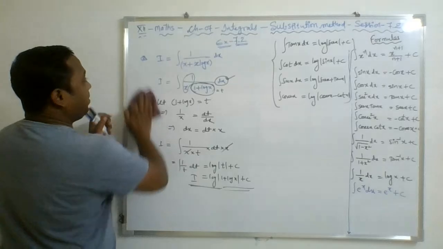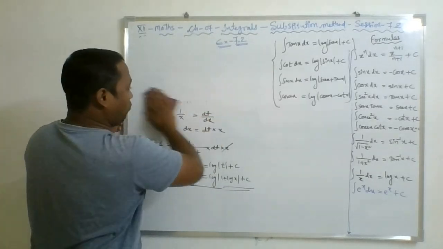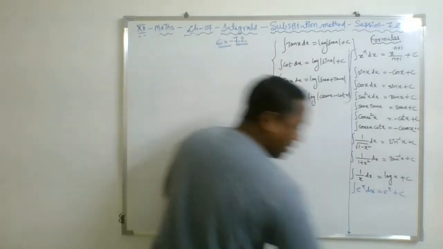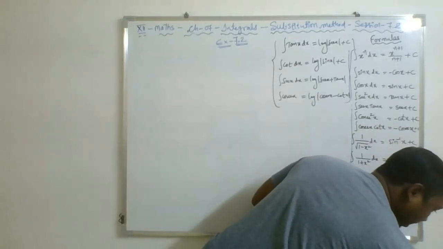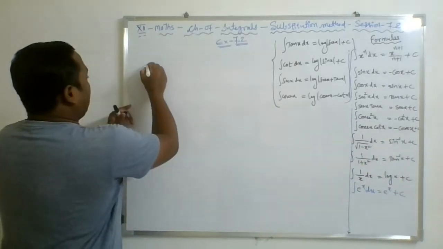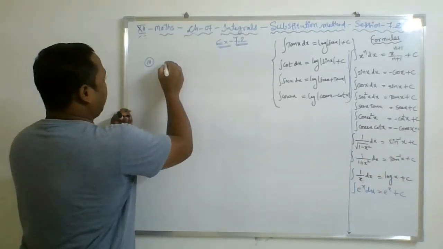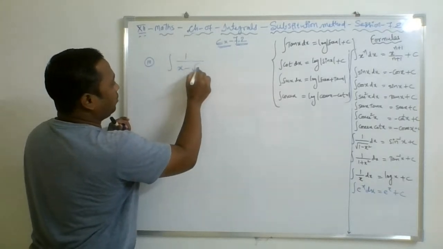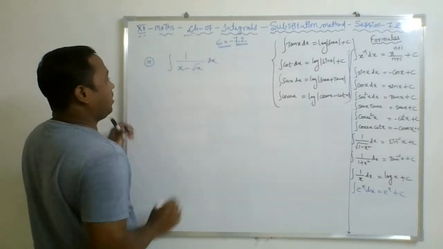Fine. Now I am taking those questions where you require this type of small tips. So on the same exercise, I am going to take question number 10. See, it's a question like x minus root x, dx.